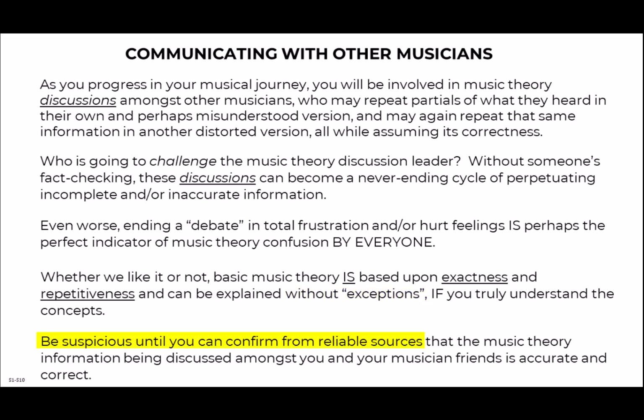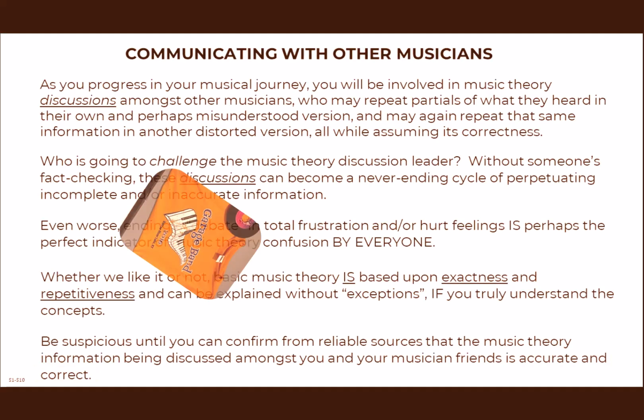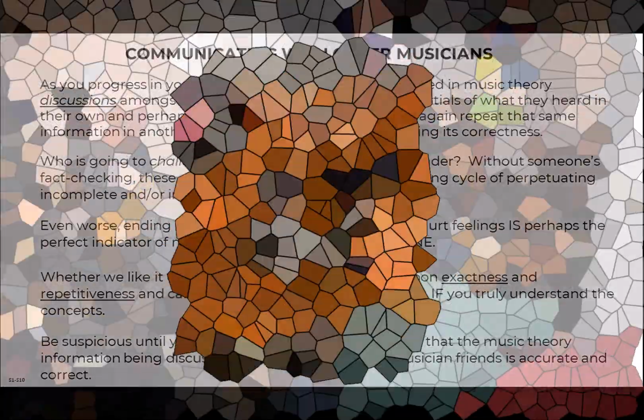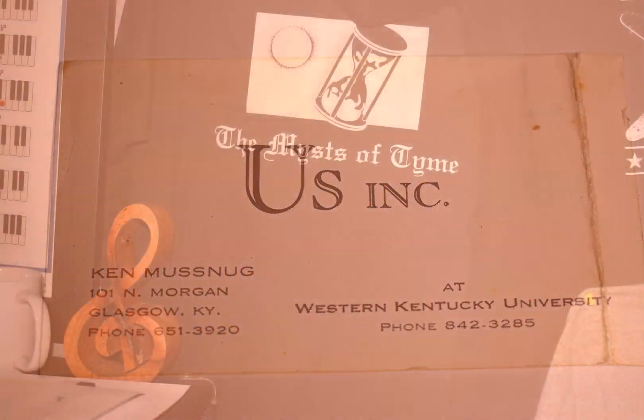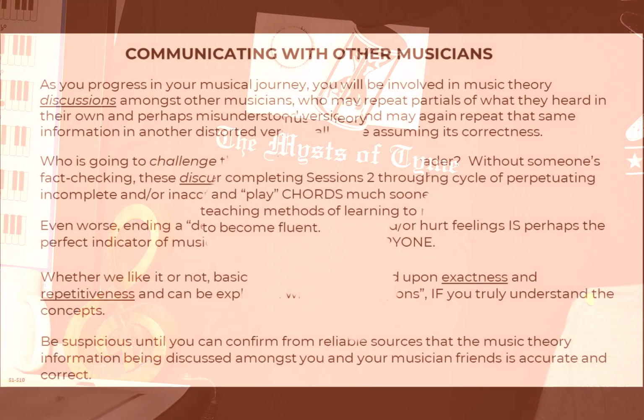So be suspicious of yourself and others until you can confirm from reliable sources that the music theory information being discussed amongst you and your musician friends is accurate and correct. Otherwise, you might be the very one aiding and contributing to the already vast amount of music theory misinformation.